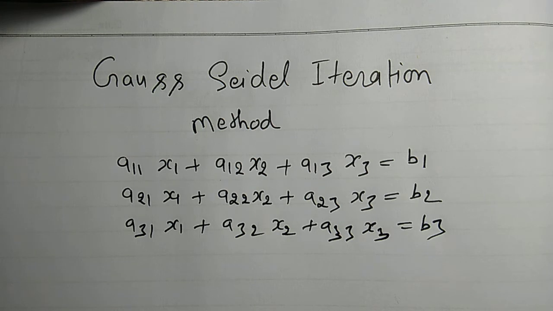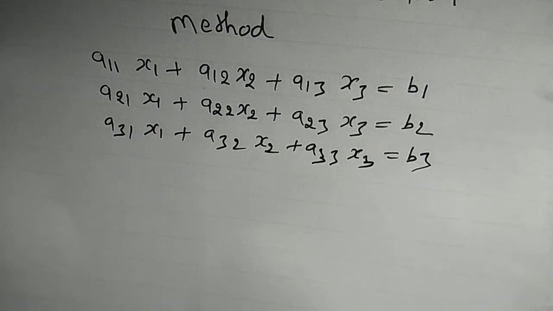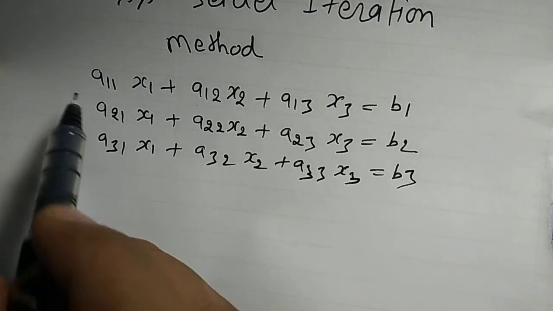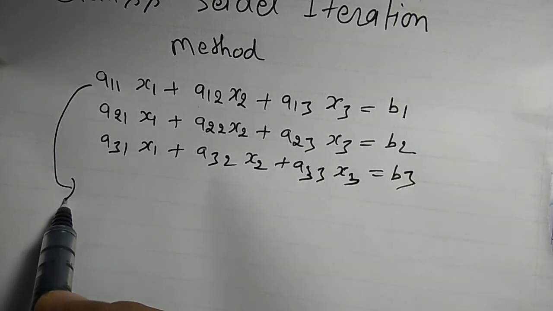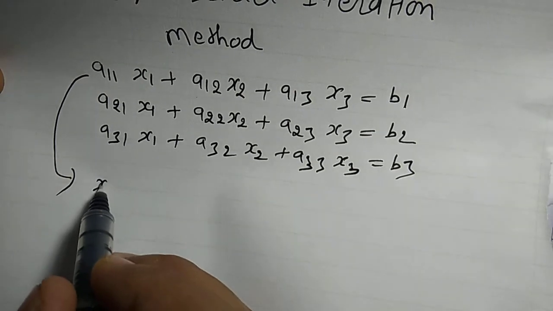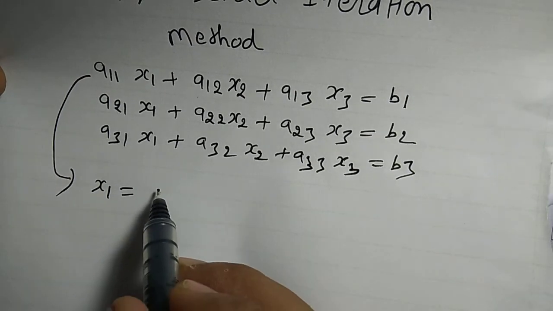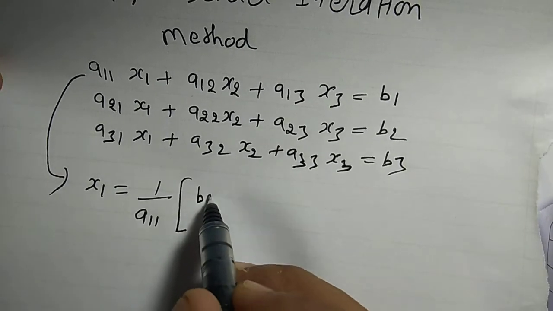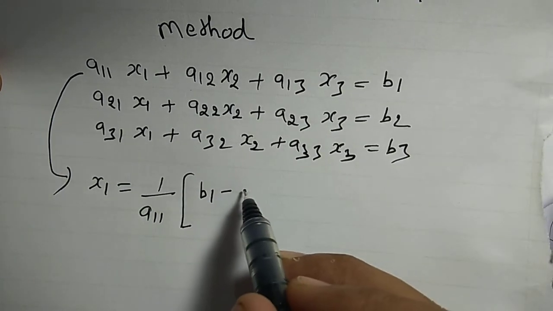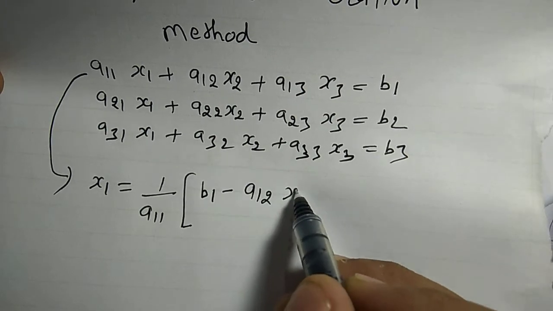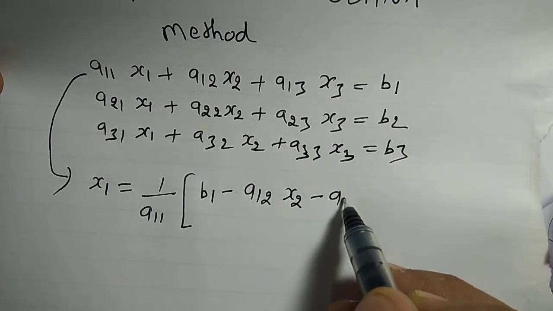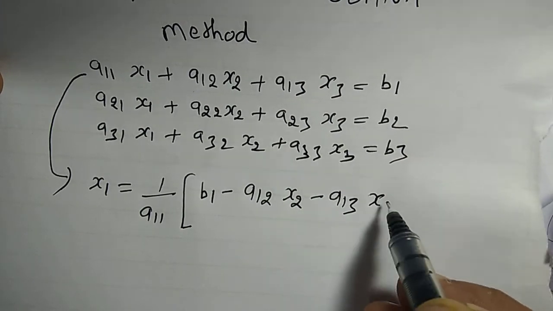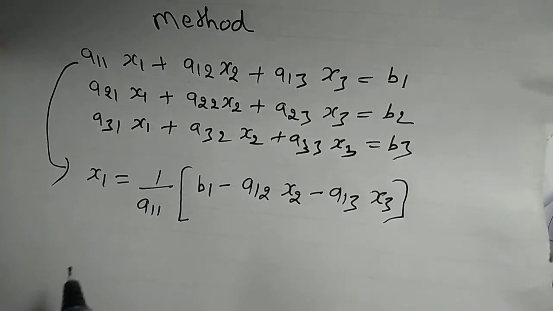Okay, so how to proceed with this Gauss-Seidel method? What we do, from the first equation we'll find out x1. So we can write x1 equal to 1 upon a11 and b1 minus a12 x2 minus a13 x3.